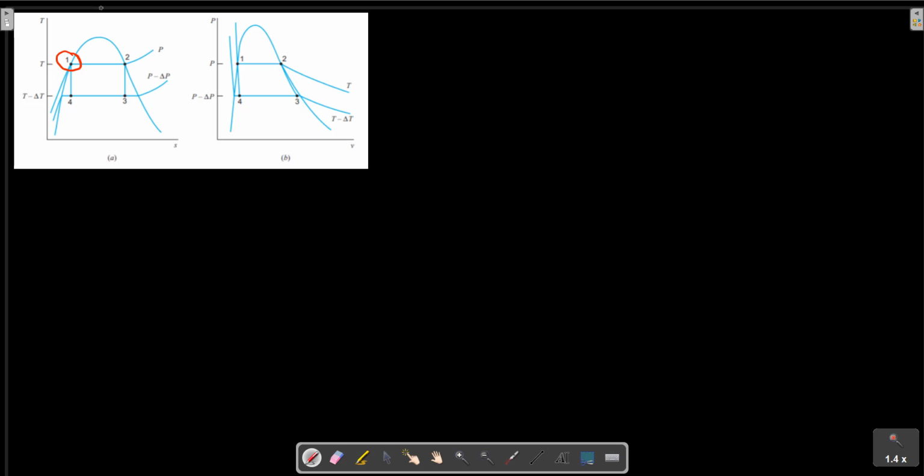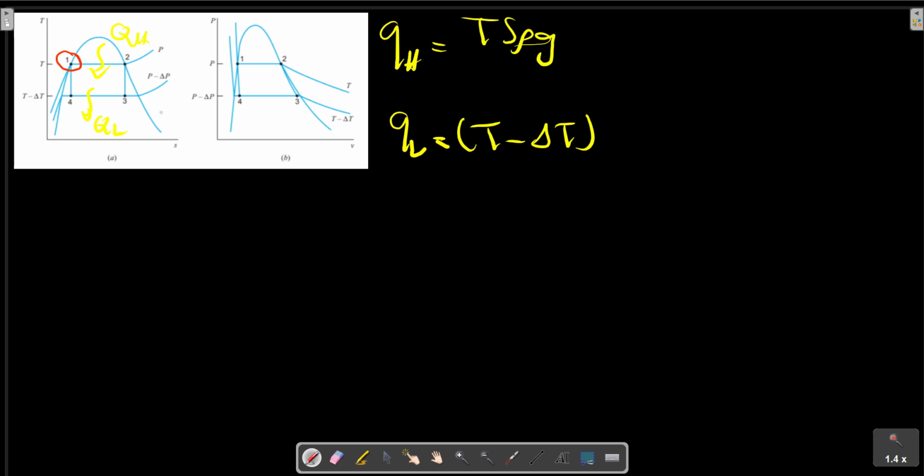QH equals T sfg and QL equals (T minus delta T) sfg.